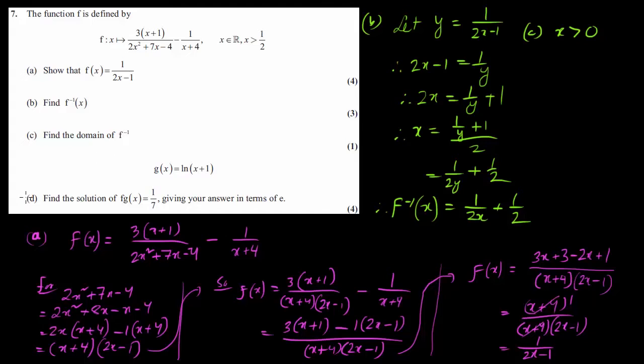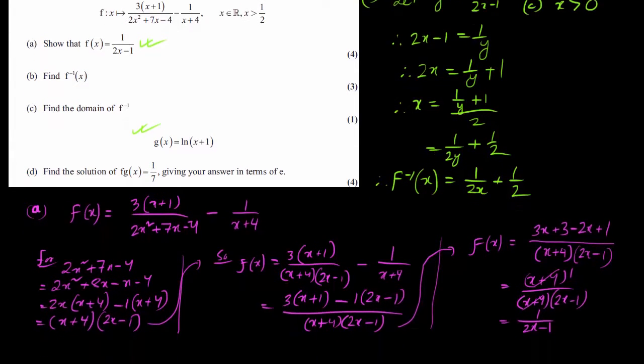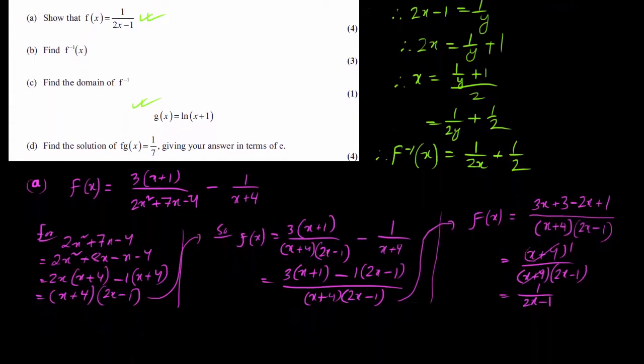Now the final one is a composite function. We know f(x). Remember, from now on f(x) is this one, and we know g(x). We have to find the composite function fg(x) and solve it. So question D turns out to be, g(x) is inside of f(x), so fg(x) equals 1 by 7.